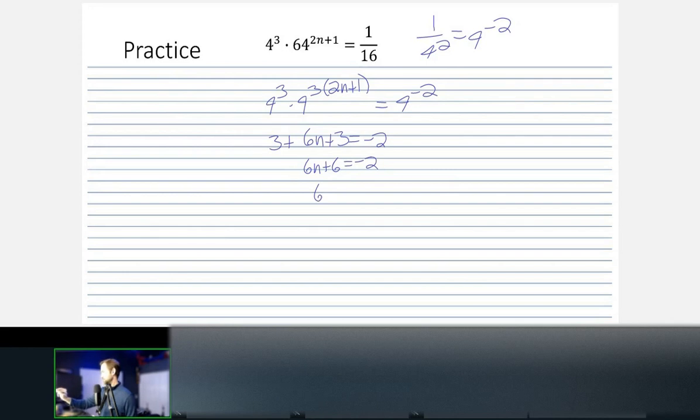Subtract 6 from both sides, and then divide by 6. 2, 4, 6, 8. Yeah, negative 4/3 is what I got. Good. Easy peasy.